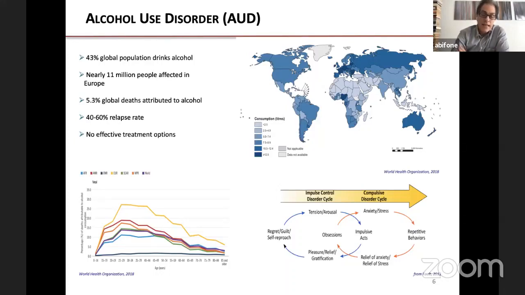It is an addiction-related disease because it shows the same pattern and involves the same brain circuits as addiction to other substances like heroin, cocaine, etc. Its high prevalence is explained by the fact that, unlike many of those other substances, alcohol is perfectly legal and widely available. So it is a particularly difficult condition to combat.